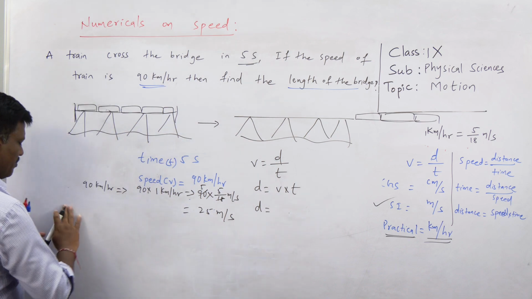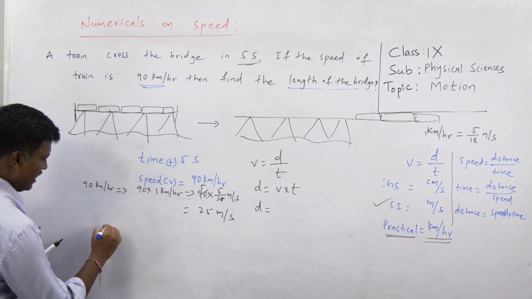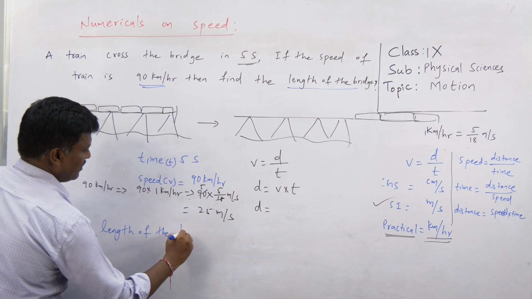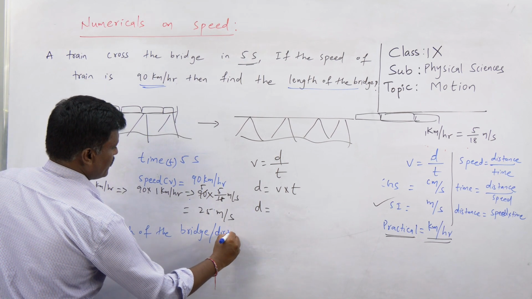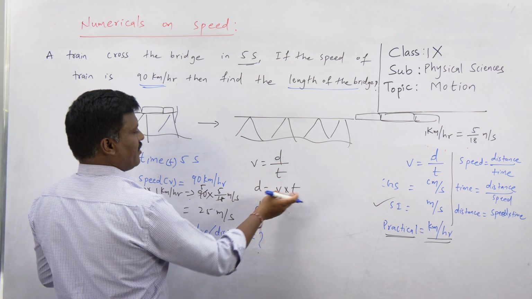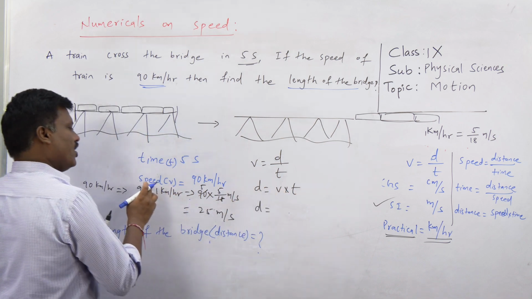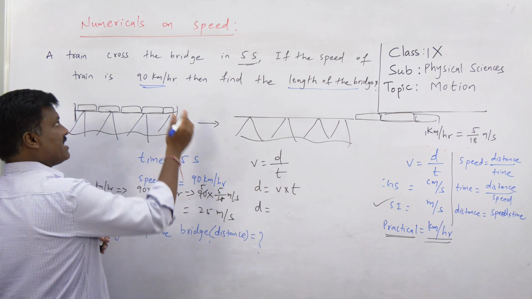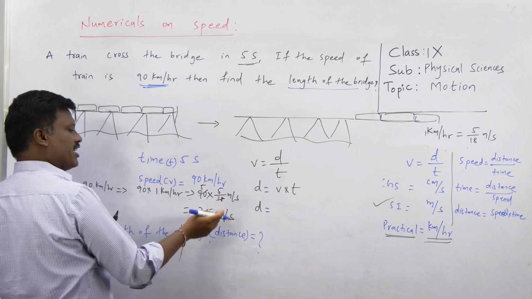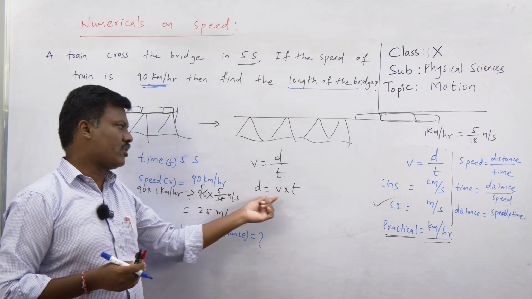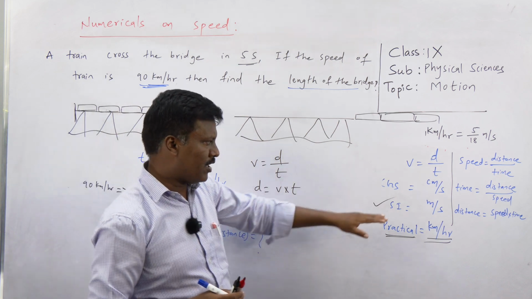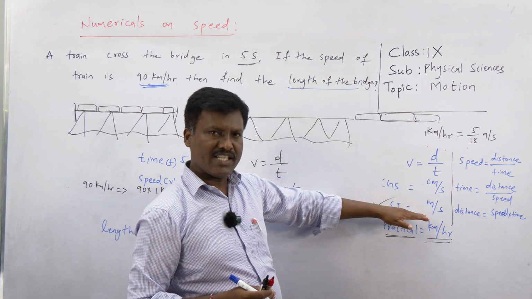Now the length of the bridge we have to calculate. Length of the bridge is nothing but the distance. To find the distance, this is the formula: speed into time. What is the speed now? Speed 90 km per hour is given in the problem, but we have converted it into meter per second. Will you substitute 90 or will you substitute 25? While solving the problem, compulsorily we have to go with SI units only.